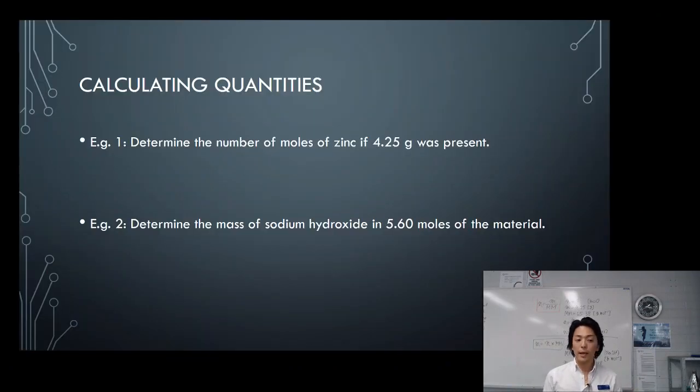Moving on to the second example. The second example was to determine the mass of sodium hydroxide in 5.60 moles of the material. Okay, so sodium hydroxide is what you're working with. Sodium, Na, hydroxide, OH, so NaOH is its formula.